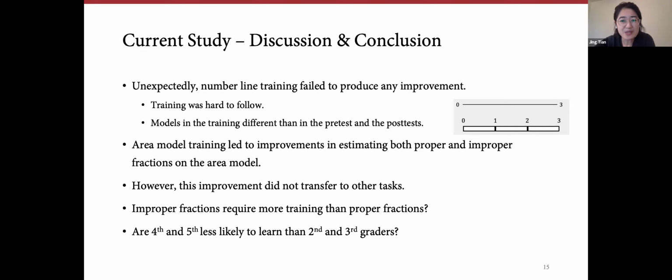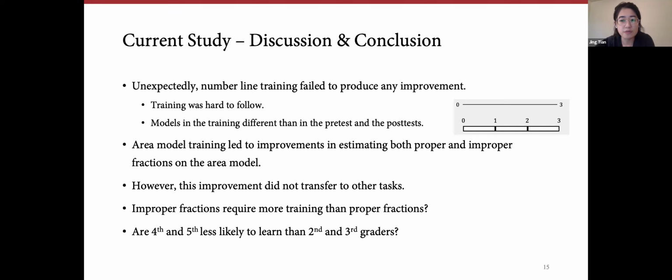Yeah, thanks for the question. I actually can't see the chat right now as I'm sharing my screen. But one caveat of this explanation that I just shared is that we do not see a difference on the pretest for the children's estimation on area model and number lines.